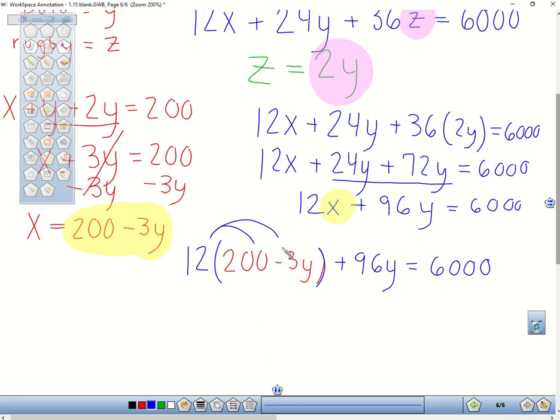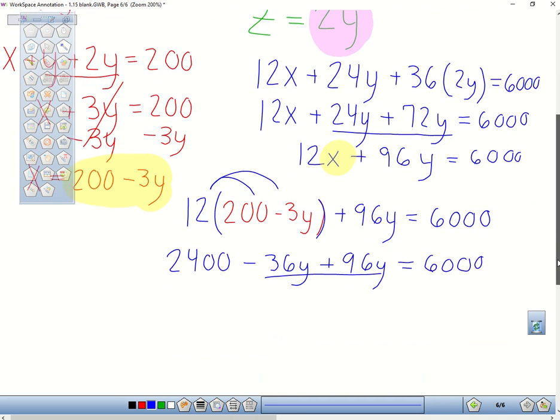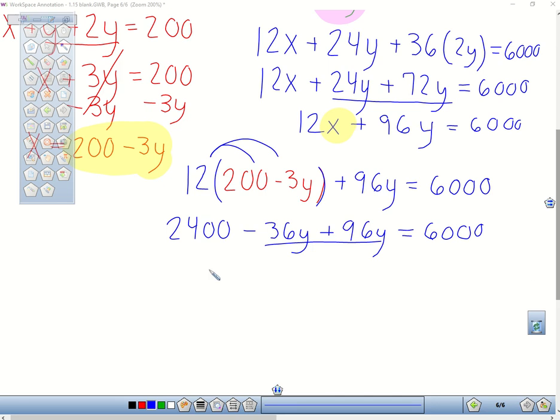I'm going to use the distributive property here. That's going to give me 2,400 minus 36y plus 96y equals 6,000. Combine like terms. That gives me 2,400 plus 60y equals 6,000.